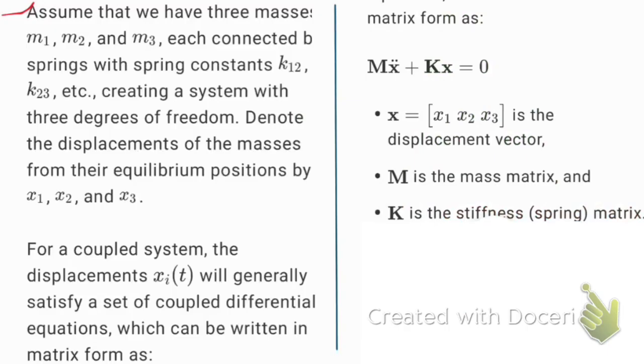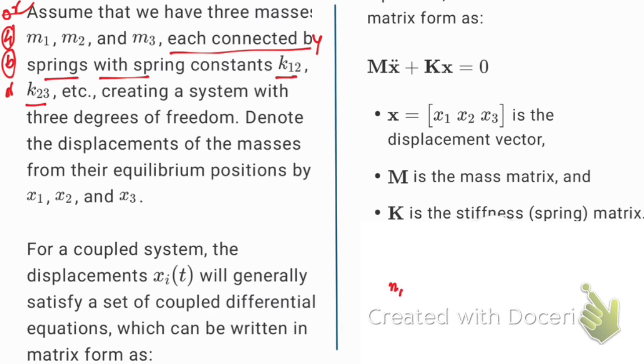Question number 4b starts from here. Let us assume that we have 3 masses, m1, m2 and m3, connected by springs with spring constants k12, k23. Let me show you.